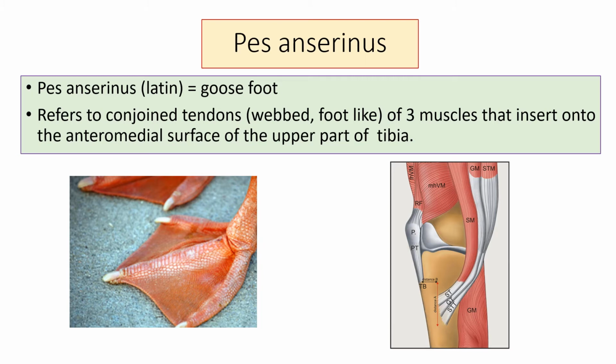And you are already knowing those 3 tendons. So in this picture you can see the tendons, the sartorius, the gracilis and semitendinosus tendons that are getting inserted onto the anteromedial aspect of the upper part of tibia.